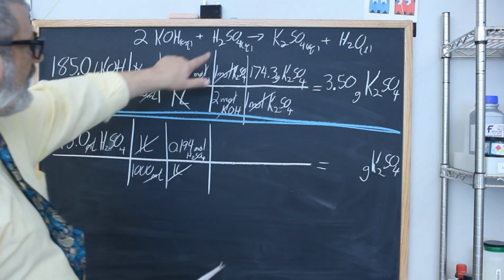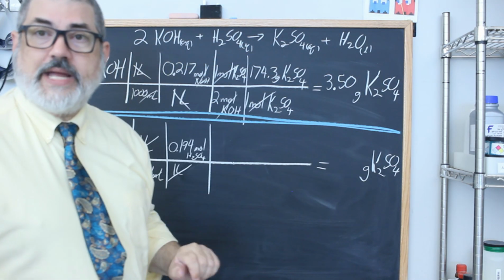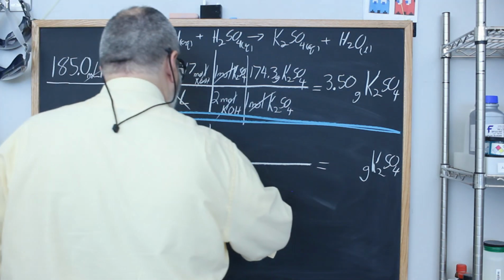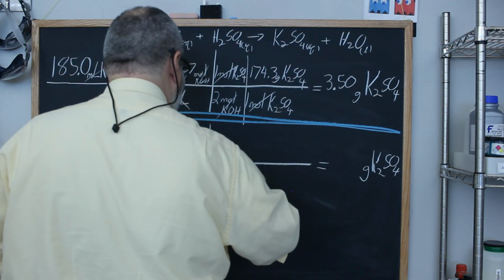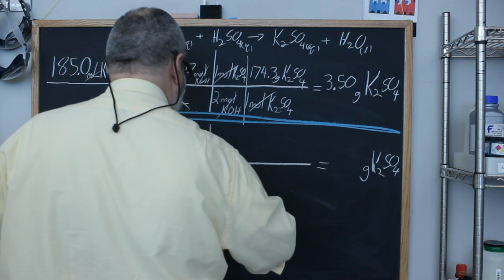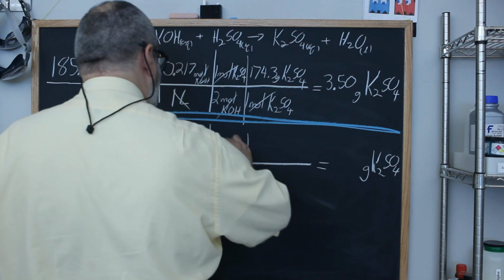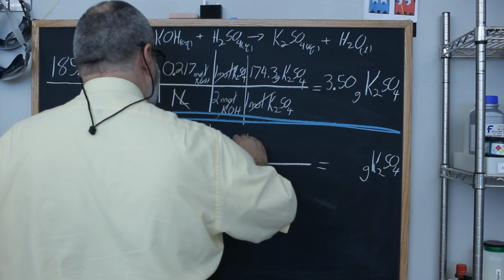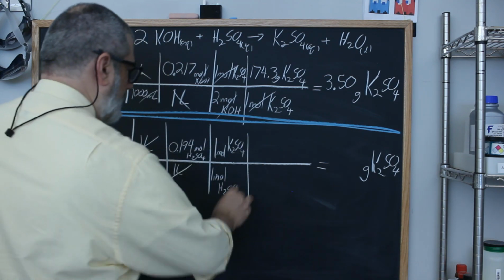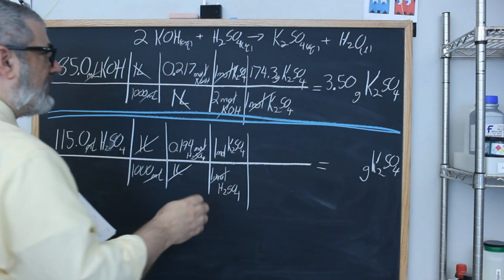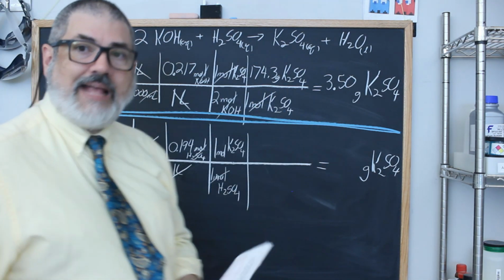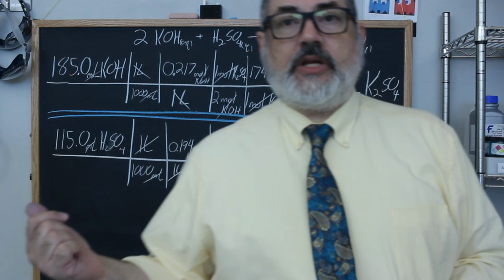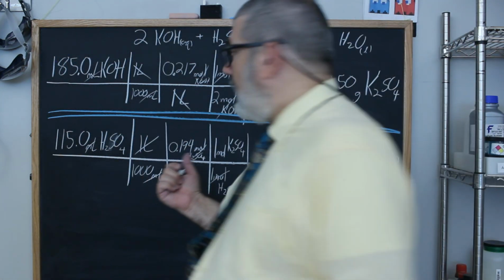And notice in this case, it is a 1-to-1 ratio. So 1 mole of H2SO4 is equivalent to 1 mole of potassium sulfate. Moles of sulfuric acid cancel, and notice the last relationship is going to be the same because we're solving for the same thing.